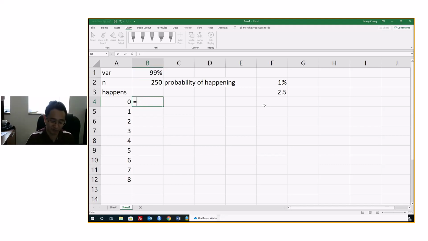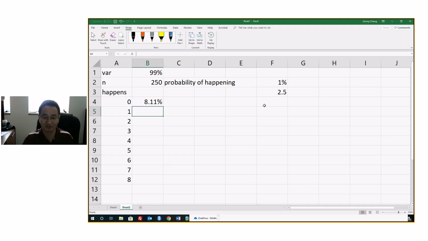So essentially you are going to do 0.99 to the power of 250. That's the probability that during the last year it will never happen on any given day. We have 8.001%, right?